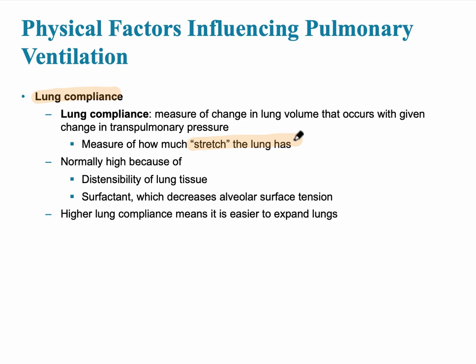They're normally very high because of the distensibility of the lung tissue. Normally, the lung tissue can expand very easily, and also the surfactant decreases the alveolar surface tension. But one thing that could decrease lung compliance would be scar tissue, scarring of the lungs.